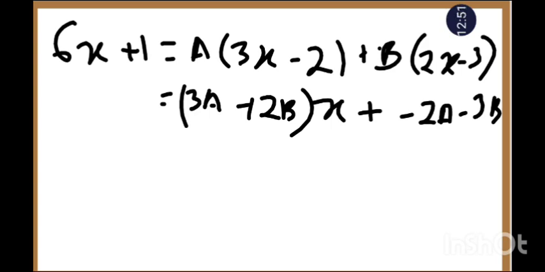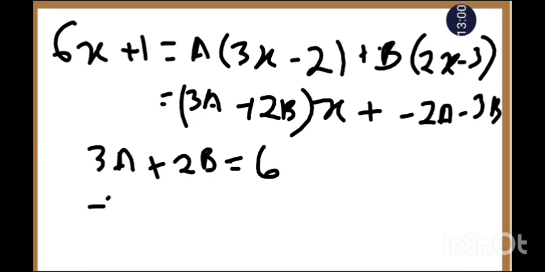Looking at the coefficients, it means here we have 3a plus 2b is equal to 6, negative 2a minus 3b is equal to 1. Right?